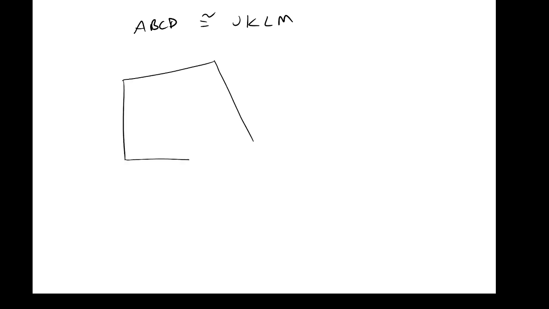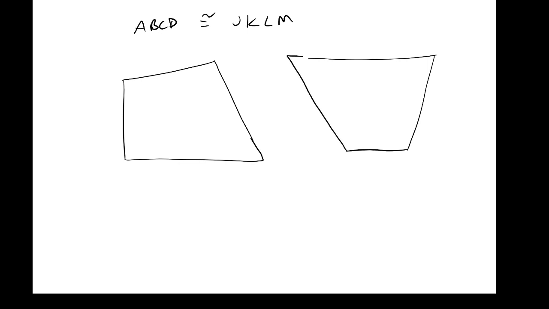I'm going to do my best to draw this. I'm not having the software correct it because I don't want to make this look like a square or a rectangle, because it's just not what it is. This is just a quadrilateral, ABCD, and we have J, K, L, and M.